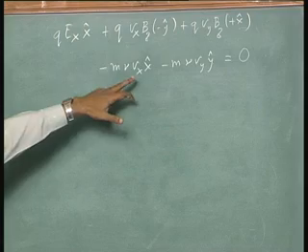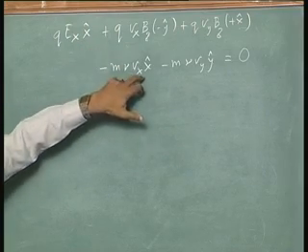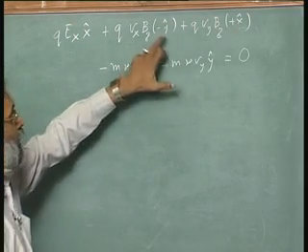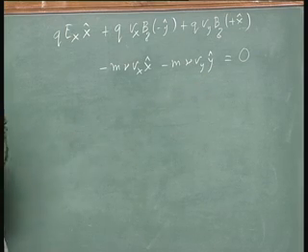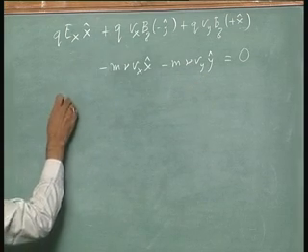So, these are two equations, because there is an equation connecting all the components along x and an equation connecting all the components along y. Let me write them down.